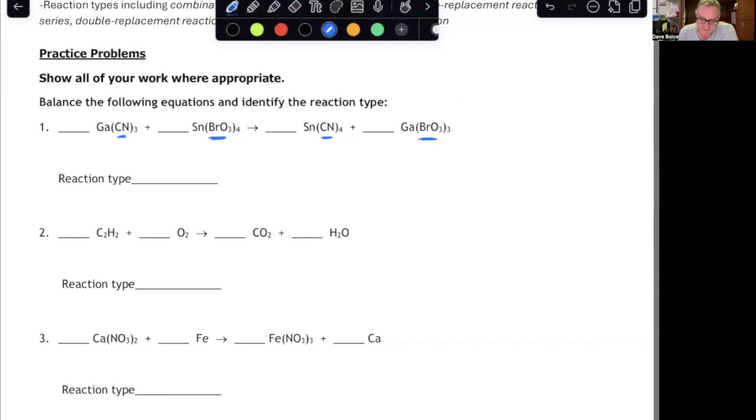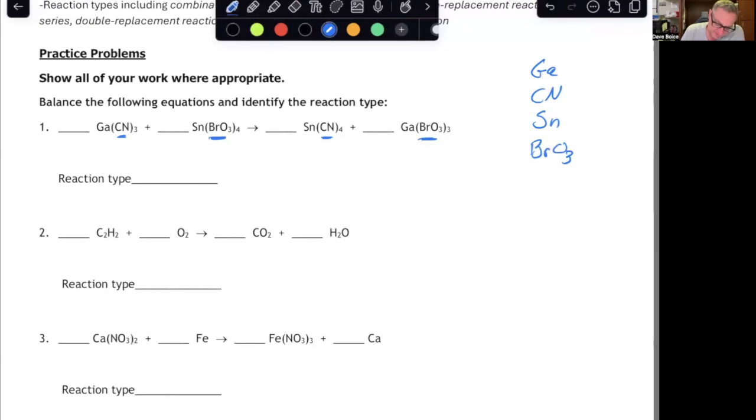So instead of trying to balance the bromine and the oxygen individually, I can think of it as one thing. You can choose to write them out like this: GaCN, SN for 10, and BrO3. What I like to do is just go left to right. So after this one, that's what I'm going to do.